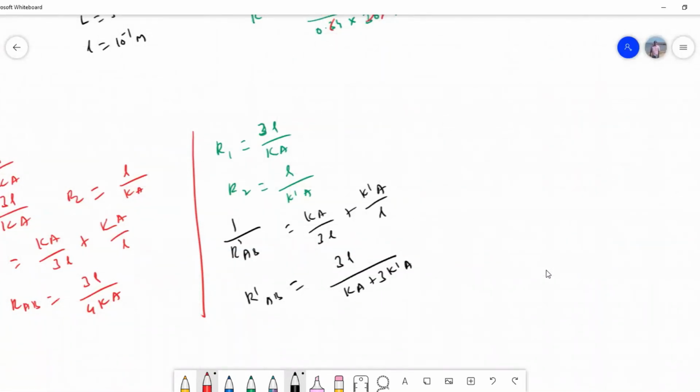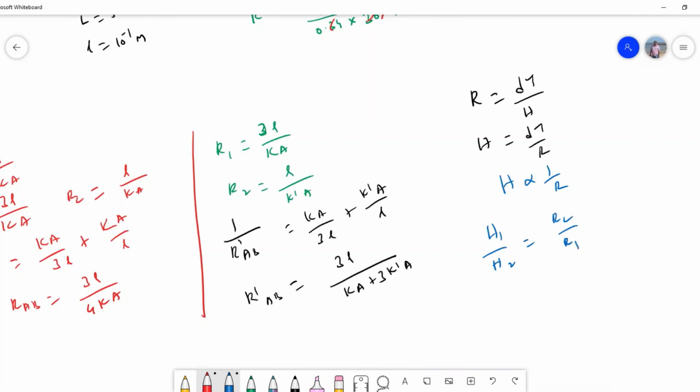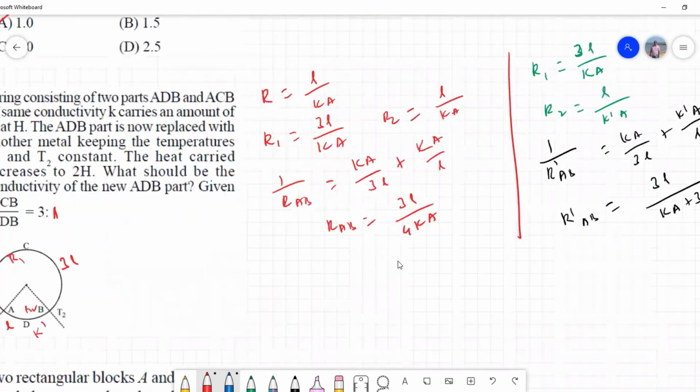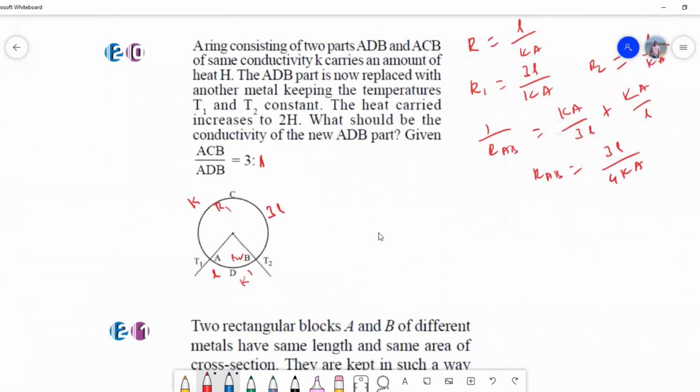Again we know that R is equal to dT by H, so H is equal to dT by R. Again dT is maintained the same here. So H is inversely proportional to R. So H1 upon H2 is equal to R2 upon R1. If you read the problem, one condition is given. What is the condition? The heat current now is 2H.